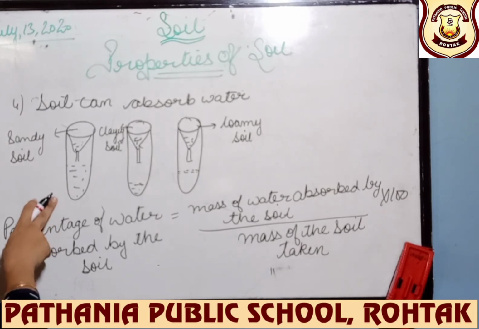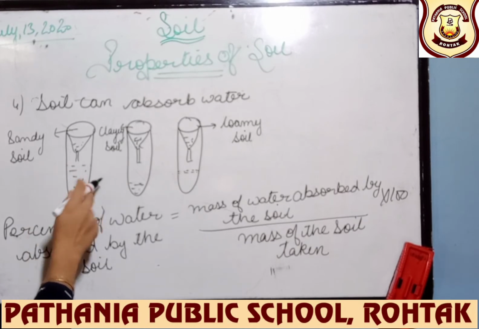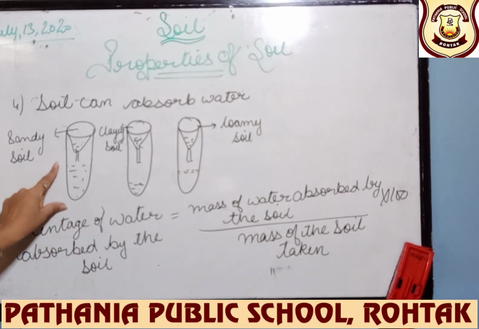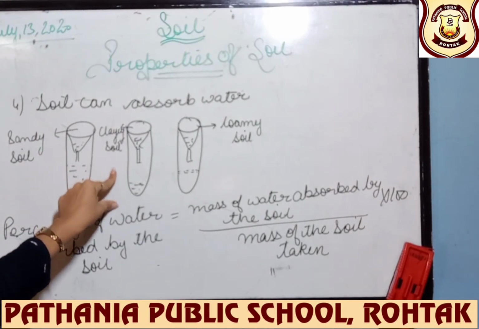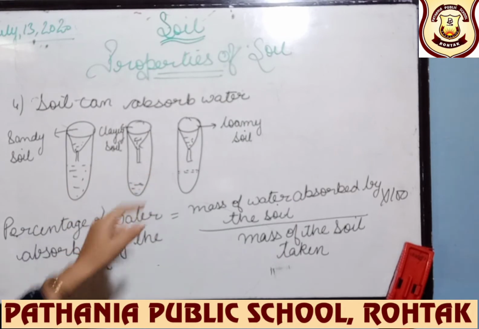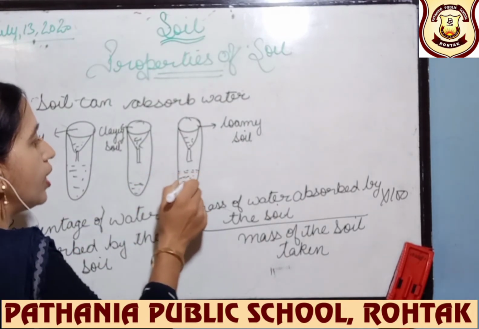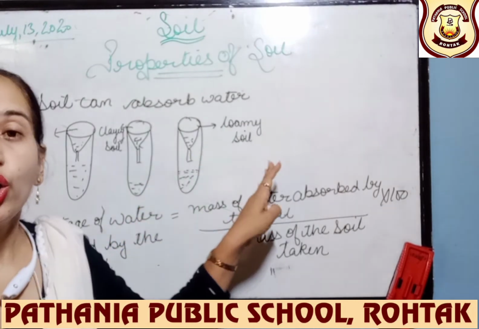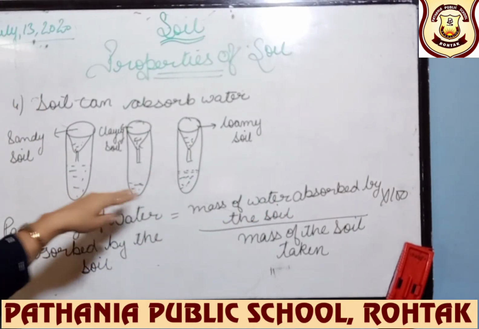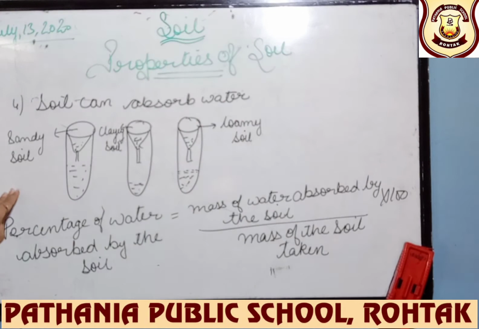The maximum water will filter through and be collected in the test tube at the bottom in the sandy soil, and minimum water will be collected in the clay soil, and quite more water than the clay soil will be collected in the loamy soil. So all the measurements can be seen very nicely.